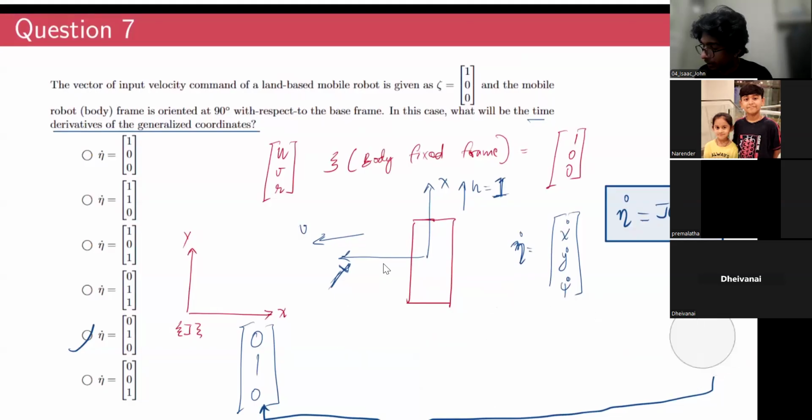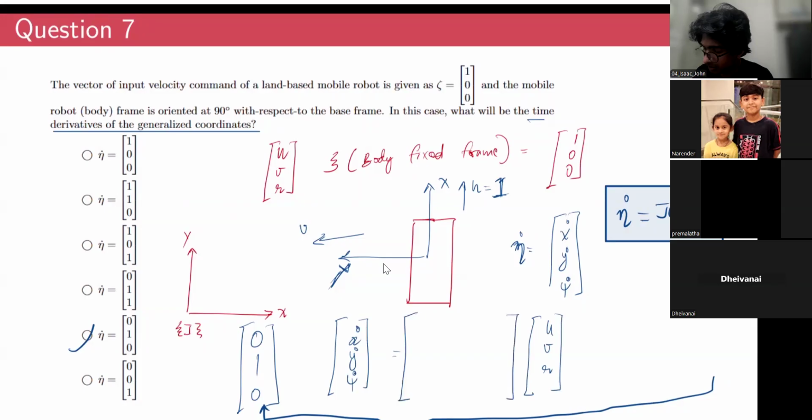So the mapping between x dot, y dot, psi dot to the velocity in the body frame, u, v, r, is given by this transformation matrix. We call this a Jacobian matrix, with cos theta, minus sin theta, 0, sin theta, cos theta, 0, and 0, 0, 1.